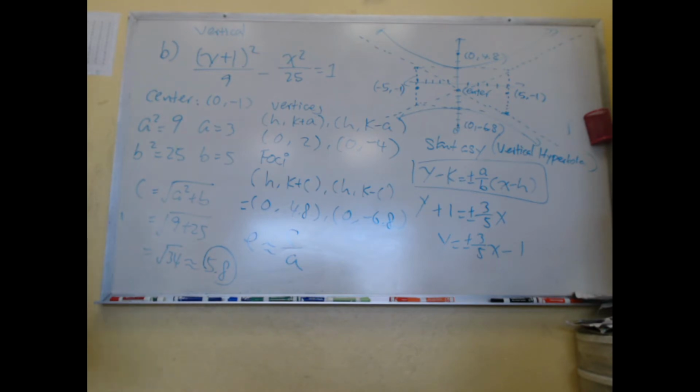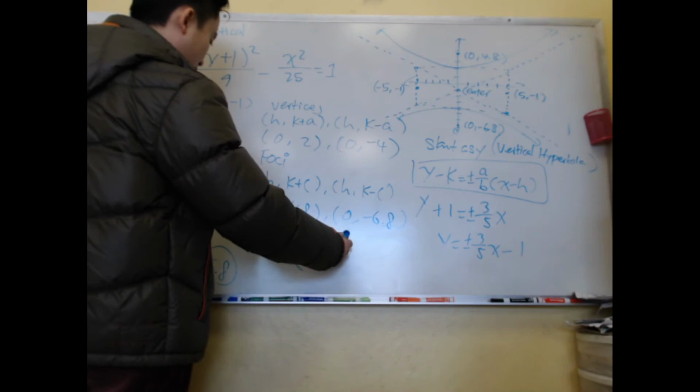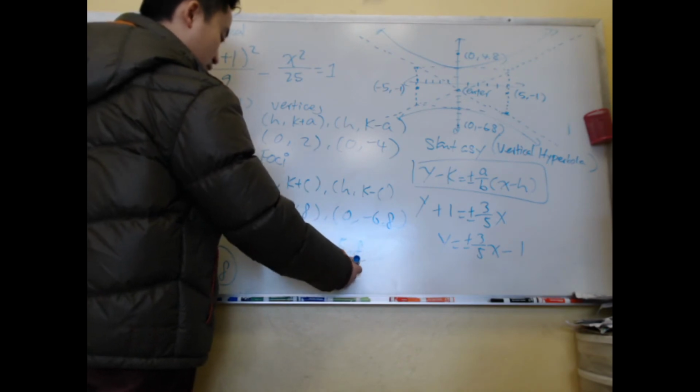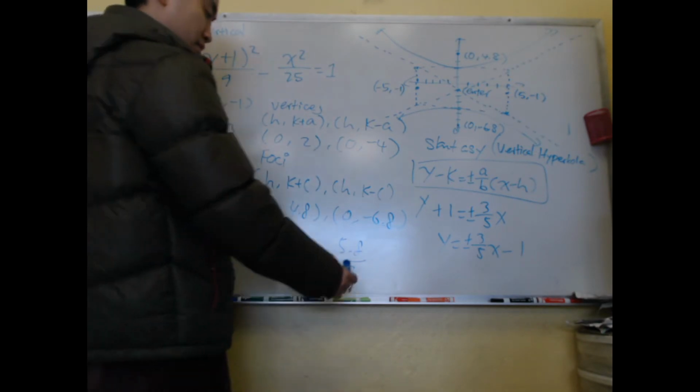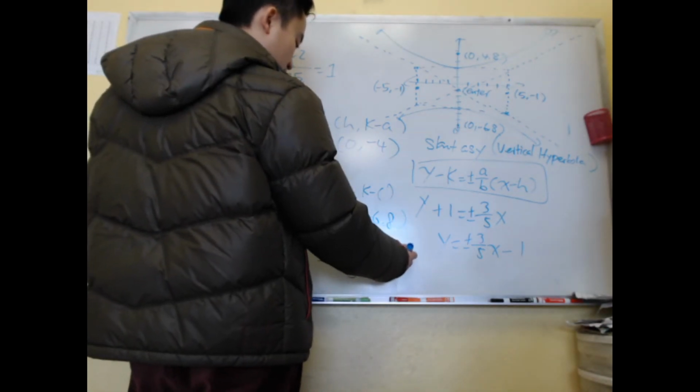Well, let's find out. Is that greater than 1? 5.8 over 3. It is greater than 1, right? So what is it? Just find out what that is on the calculator. 5.8 divided by 3, it's about 1 point something, right? Yeah, 1.93.